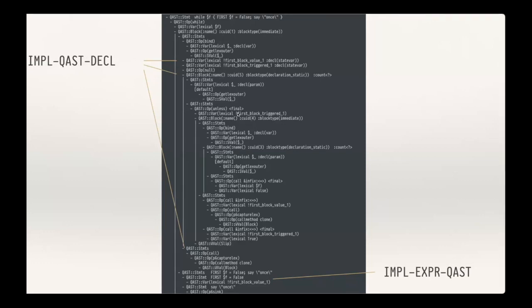And you can see here the name of the first block triggered and first block value. And so this AST represents what we're trying to do in its own right. But document object model, it is not.